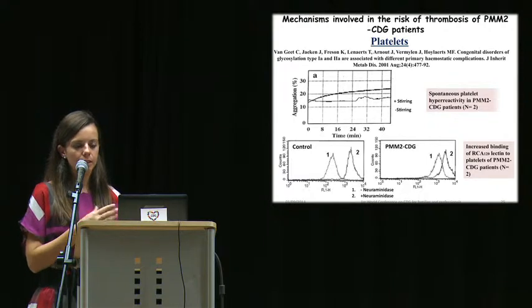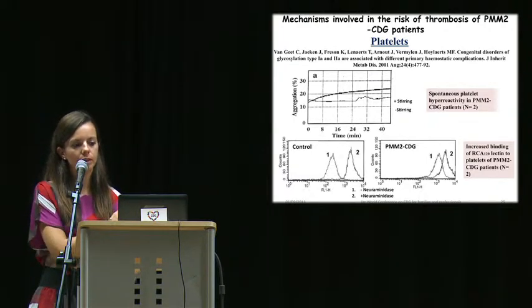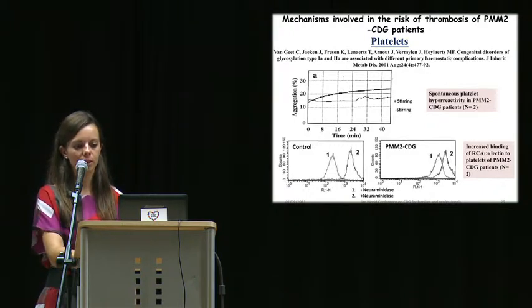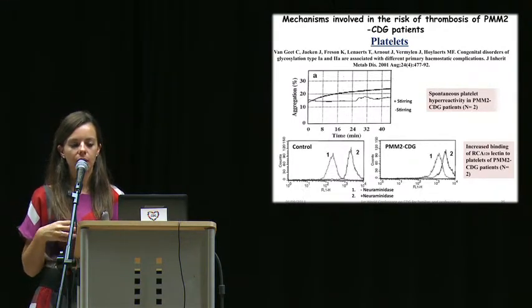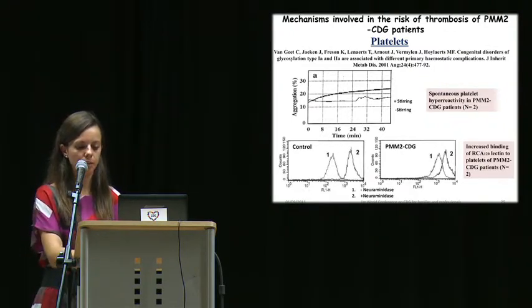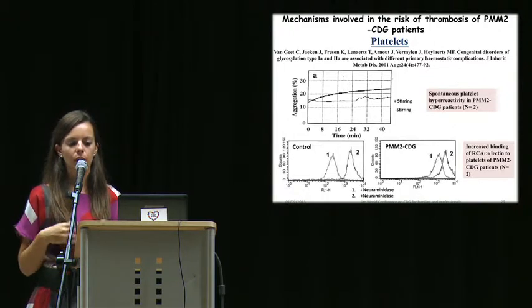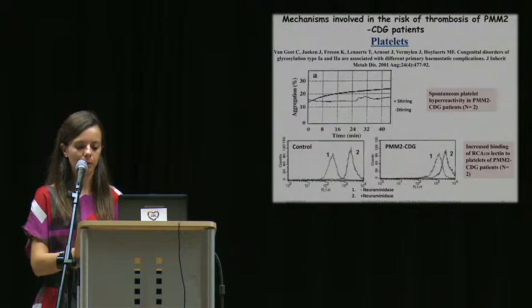And some years before, Jaeken published a paper in which they said that in these patients there is a spontaneous hyperreactivity of the platelets, with an increased binding of a lectin to these platelets. This lectin binds when there is a glycosylation defect in the platelet membrane.